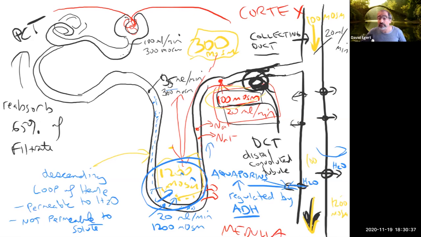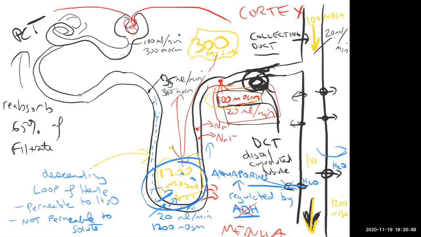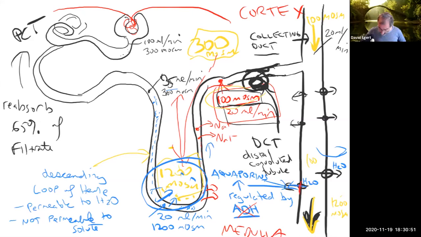Alcohol inhibits the release of ADH. If I inhibited the release of ADH, what would that do? You would lose more water. If I don't have these aquaporins open, that means I'm just going to have much larger volumes of very dilute urine coming out because I'm not going to be pulling the water back into the body.